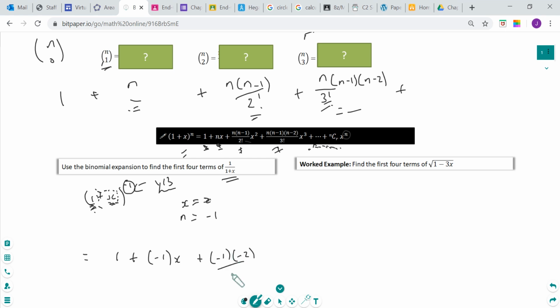Okay, over 2 factorial, which is just 2 times 1. It's actually just 2, isn't it? I tell you what, I'm actually going to put this in brackets like this, and you'll see why in the harder examples. So there's my first term, my second term, my third term. Okay, and hopefully you're happy with the idea that my next term is going to be like this. Okay, so this is how you actually do the expansion like this.